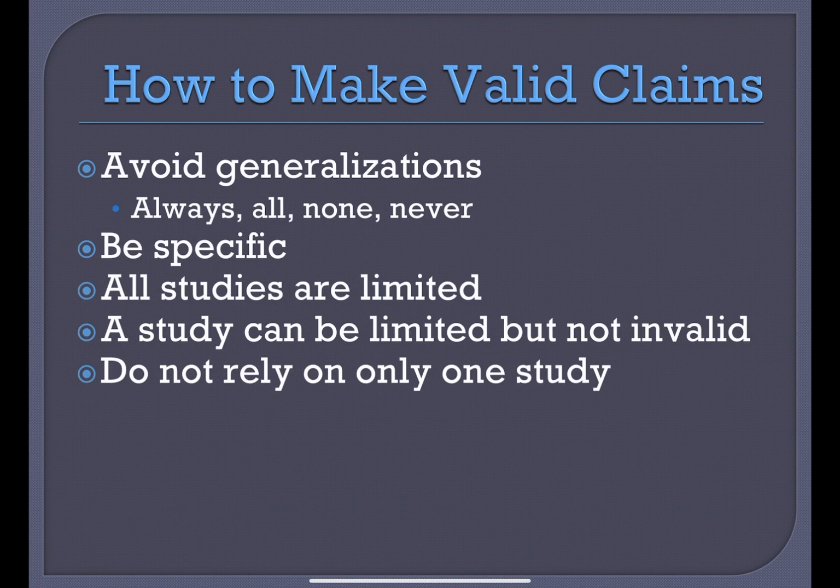It's important to remember that all studies have limitations, so it's okay to be critical of studies, even those that support your argument. Being aware of your own paper's limitations can also make your arguments more convincing. But you don't necessarily need to rip every study apart, and a study can have limitations but still be valid.